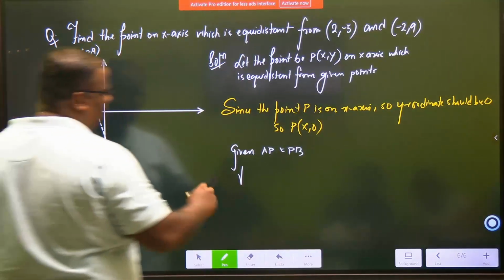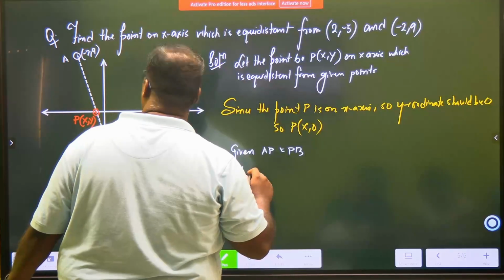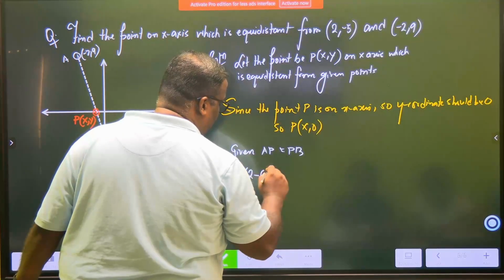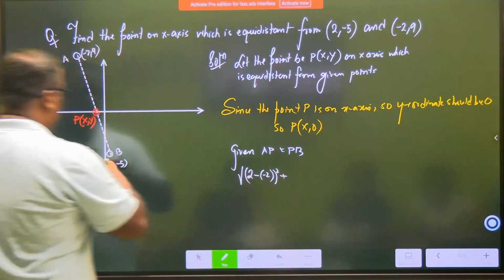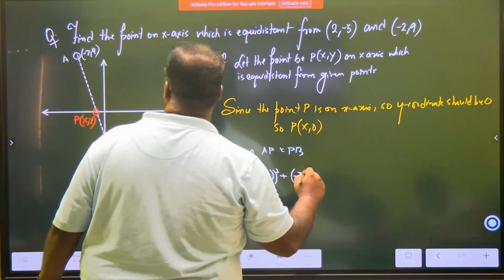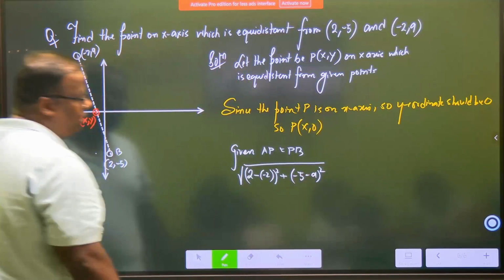So we write the distance formula with (x2 minus x1). You can write 2 minus minus 2, your wish, you can take it in any order. I have taken 2 minus minus 2 whole square plus minus 5 minus 9 whole square. This is AP.